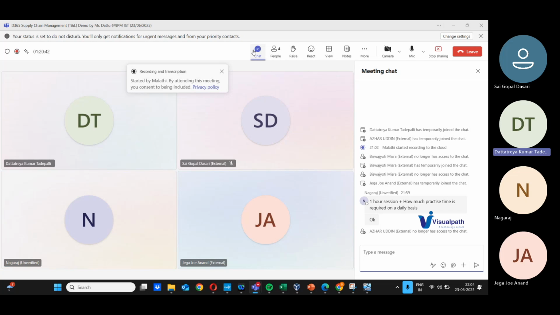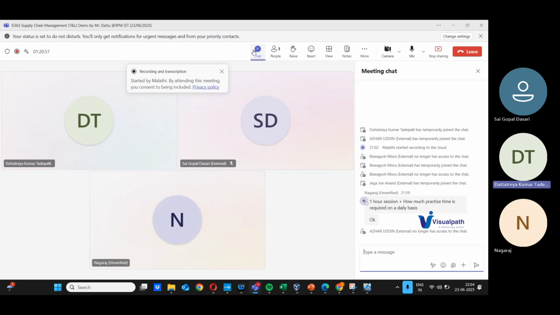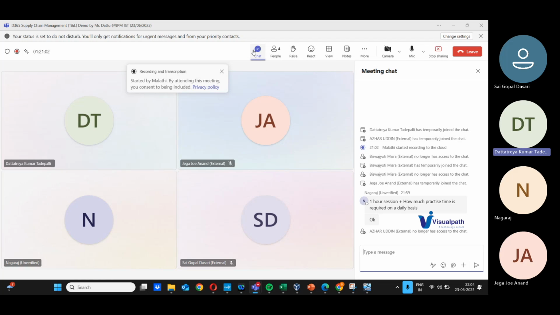SAP is most probably for very big organizations, and the licensing cost is also very high. The Dynamics 365 licensing cost is comparatively less, and nowadays it is emerging a lot compared to SAP, as far as my knowledge is concerned.